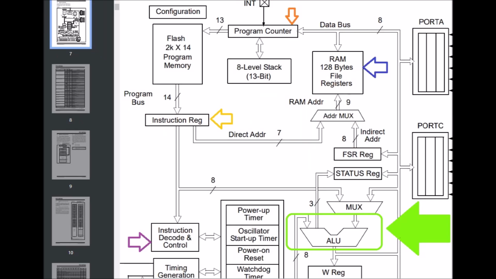Result destination. The result of an ALU operation can be directed to either the WREG or a file register, depending on the specific instruction being executed.